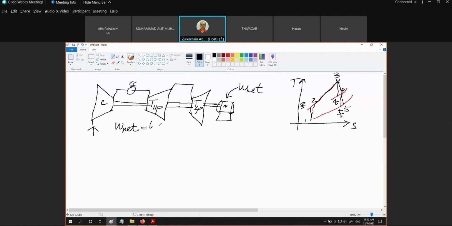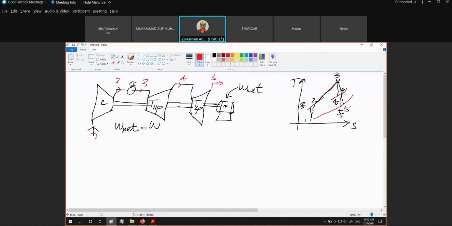Let us give the numbering: this is 1, this is 2, this is 3, this is 4, and the exhaust is 5.